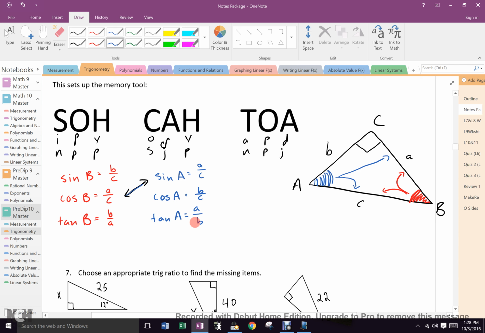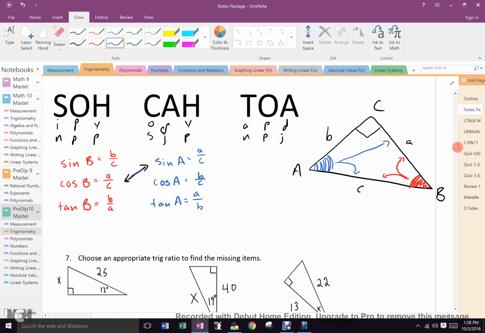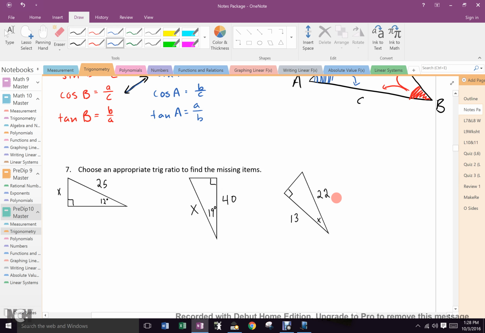Now, many people don't make the link between theoretical trigonometry, which is made up of letters, and real trigonometry, which is made up of numbers. But it is the same thing. So here is what we do to do trig.